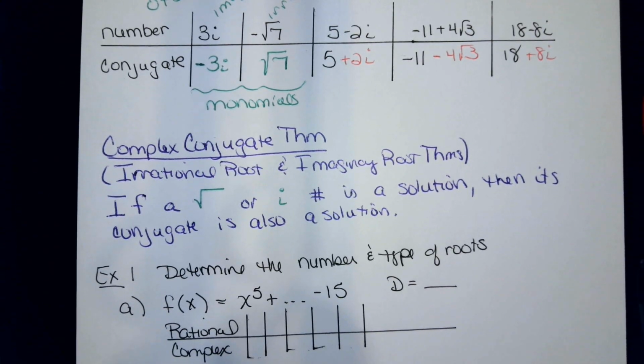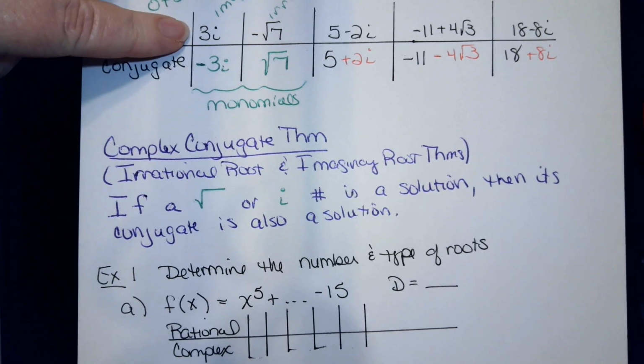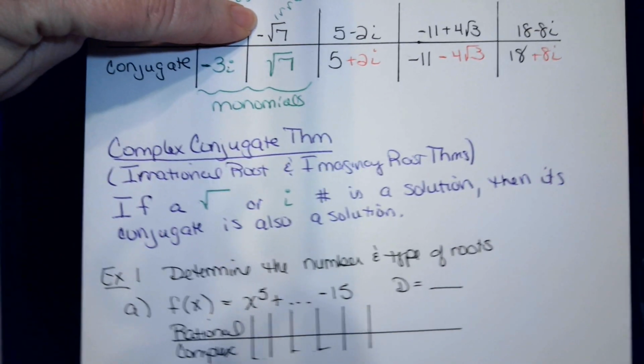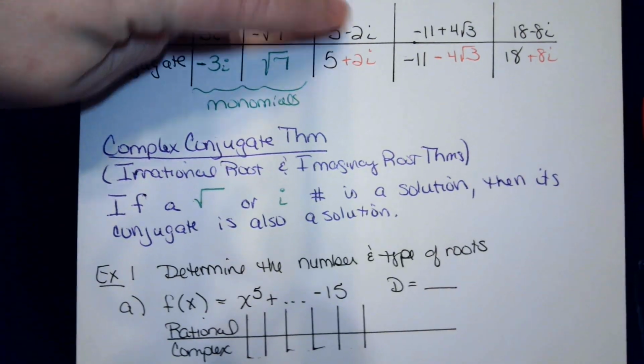All right, as you're copying down example 1a, I want you to think about something about the conjugates. Can the conjugates ever be an odd number? Can you ever have an odd amount of conjugates? So you got the positive version and the negative version, or the negative version and the positive version.